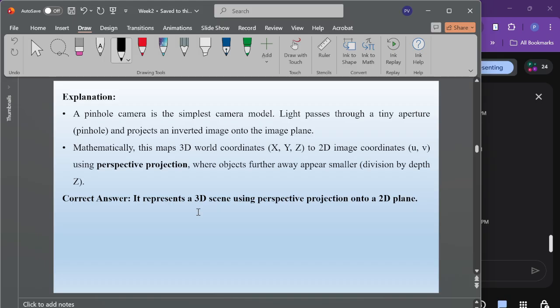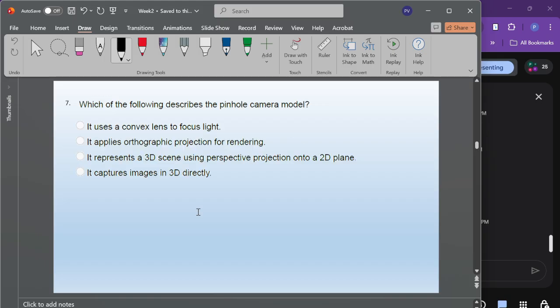Mathematically, this maps 3D world coordinates (x, y, z) to 2D image coordinates (u, v) using perspective projection, where objects further away appear smaller, that is, division by depth. So this one is correct: it represents a 3D scene using perspective projection onto the 2D plane. Option C is the correct answer for this question.